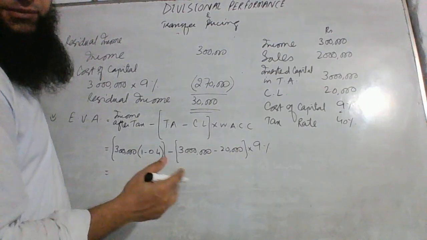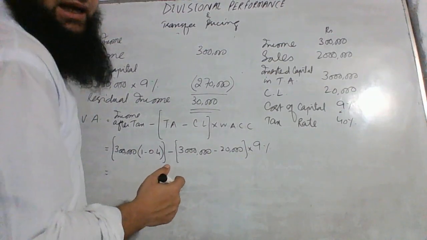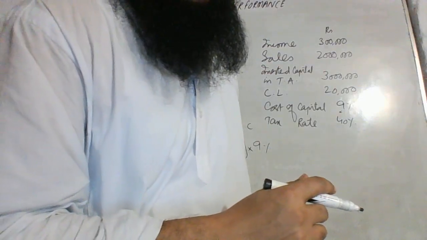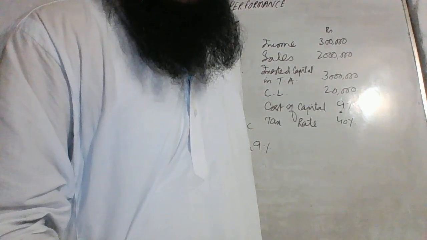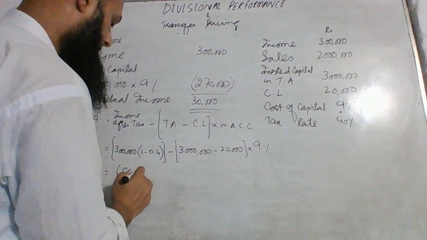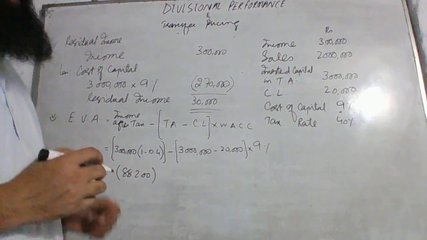By substituting these formula, we have the final result is 88,200 in negative. It is called economic value added.